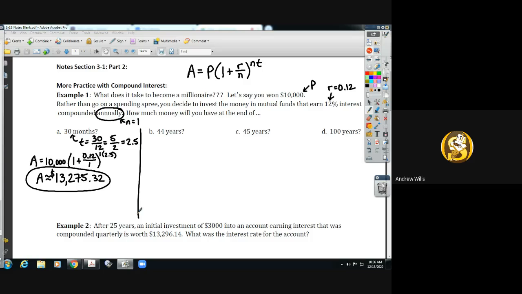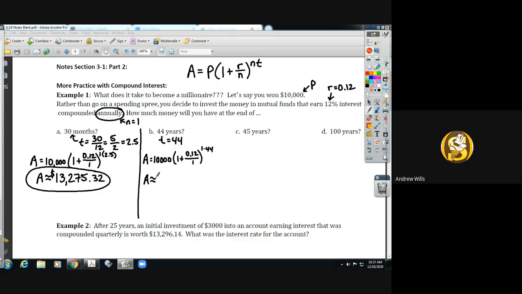Okay. On to the next part of the problem here, where time is 44 years. This time we just need to plug in 44. So again, A equals 10,000 times 1 plus 0.12 over N, which is 1, to the 1 times 44 power. And again, we're just feeding that into the calculator.